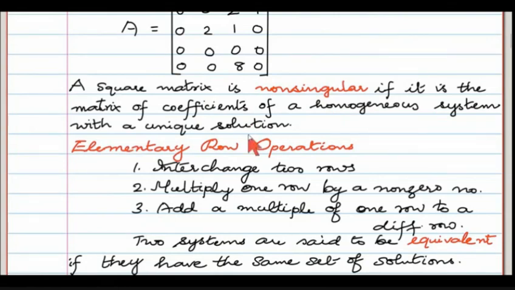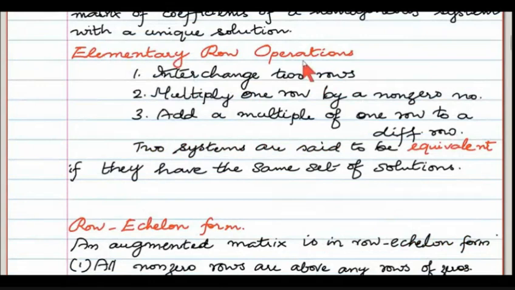Another definition, elementary row operations. Interchanging two rows is the first operation. Second, multiply one row by a non-zero number, that means multiply all the entries in the row by a non-zero constant. Then add a multiple of one row to a different row, that means add to one row a multiple of another row.